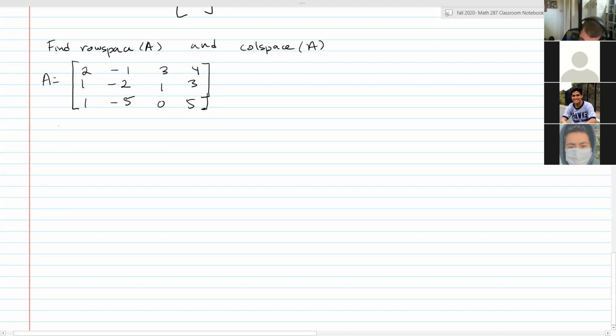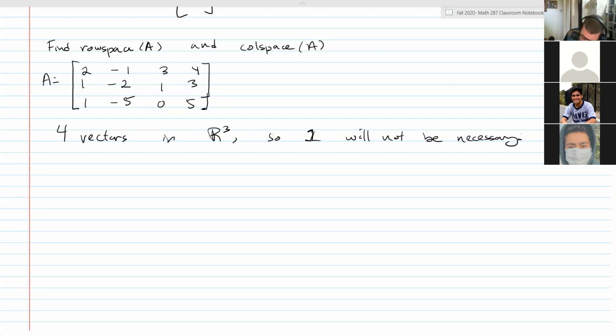So that's the first thing that I want to notice. I've got 4 vectors in R3, so 1 will not be necessary. Too many vectors in R3.